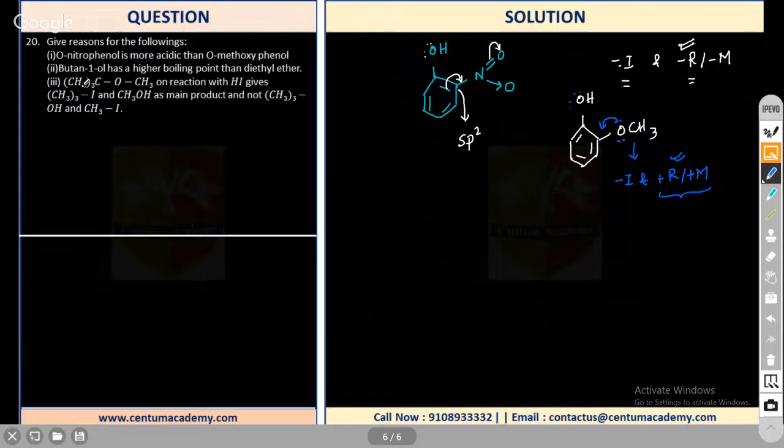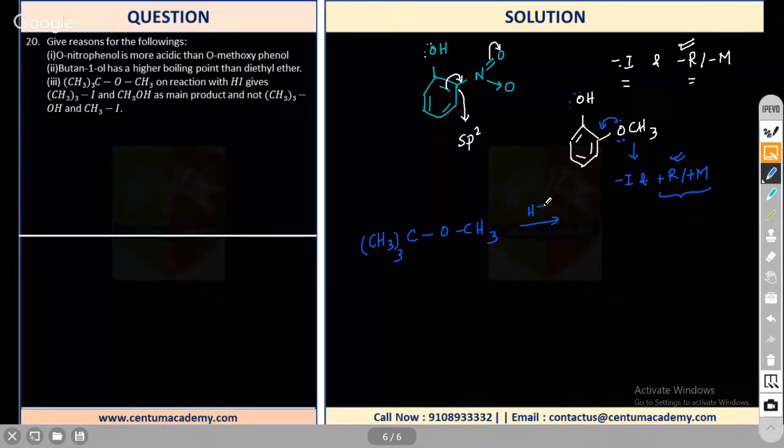This molecule on reaction with HI gives this CH3I as the main product, and not this one. So we have to give the reason. See, the molecule is (CH3)3C-OCH3 with HI.